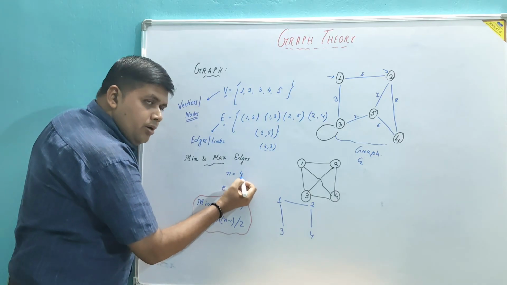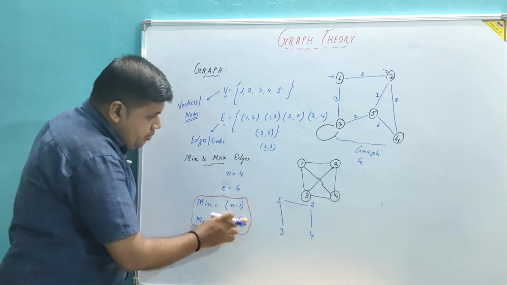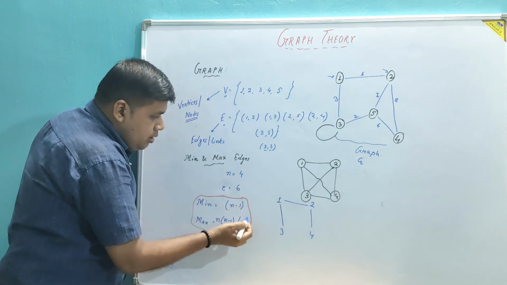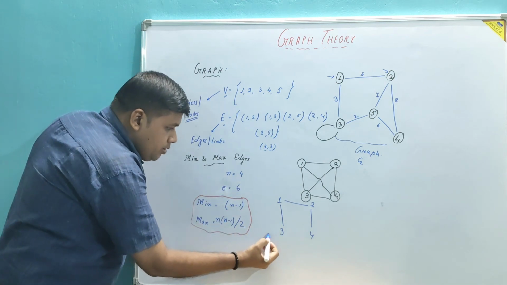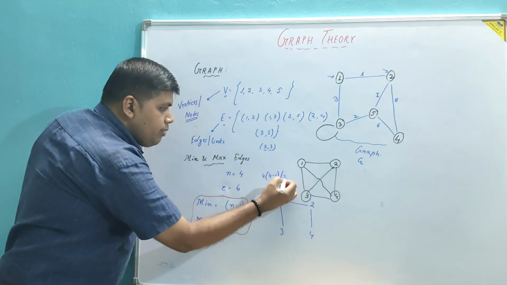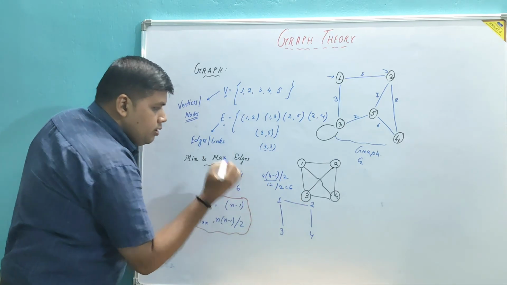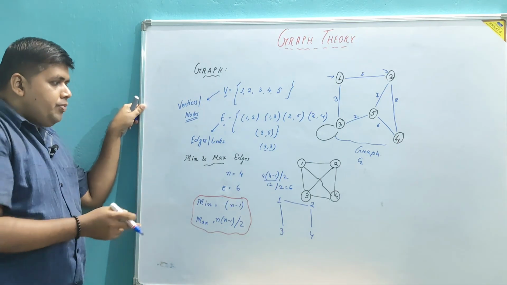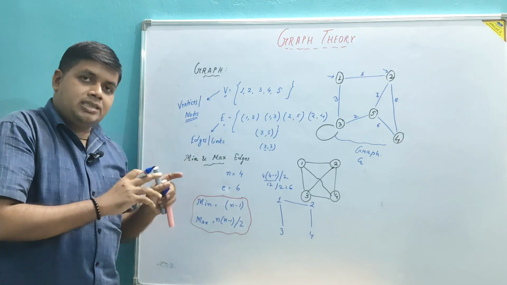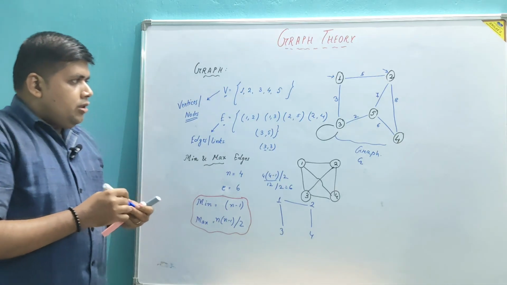What is n? n is 4, 4 minus 1 is 3. However, for the maximum, how many edges are required? It is 4 into 4 minus 1 divided by 2. 4 threes are 12, divided by 2 is 6. So this is the general formula for counting the maximum and minimum number of edges.